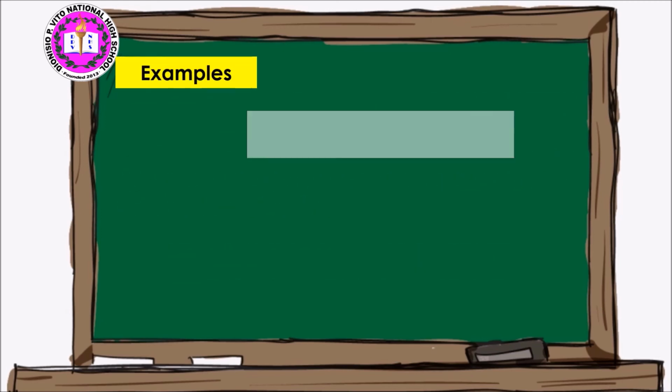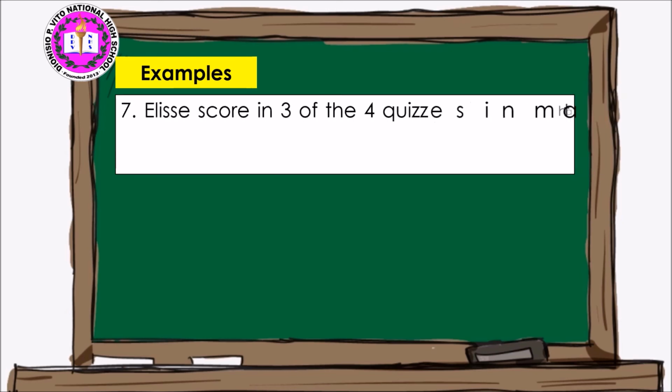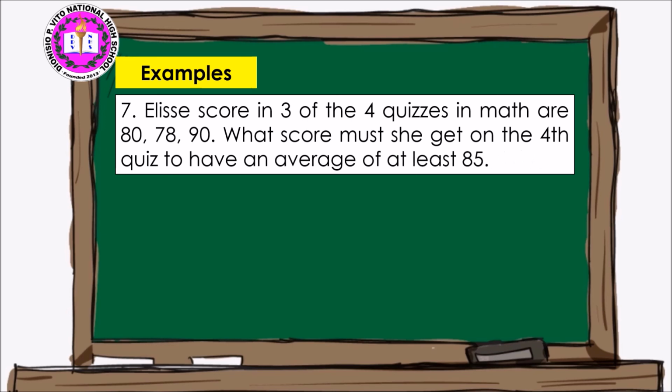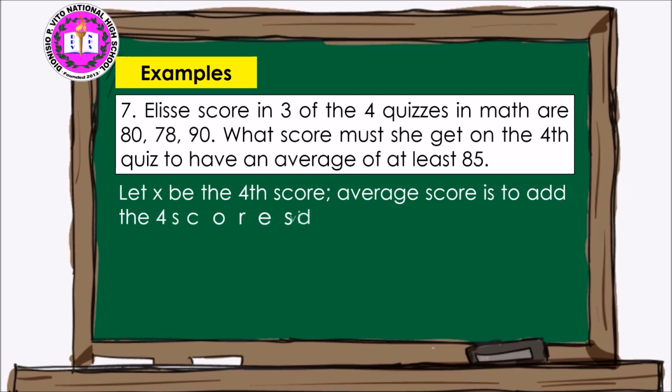Last example, Elise's scores in 3 of the 4 quizzes in math are 80, 78, 90. What score must she get on the 4th quiz to have an average of at least 85? Let x be the 4th score.